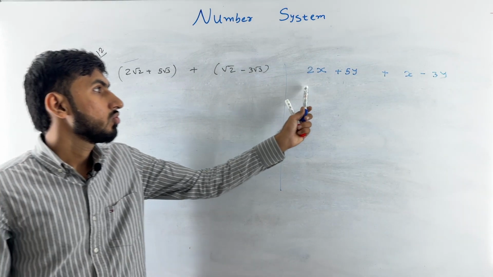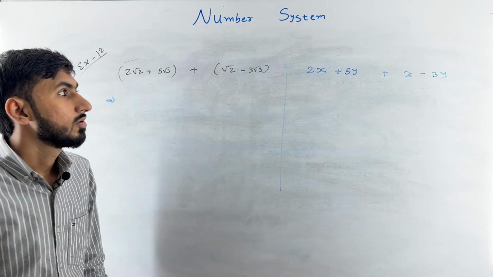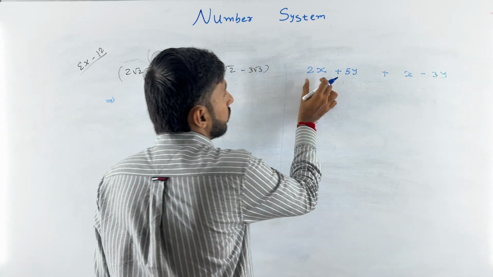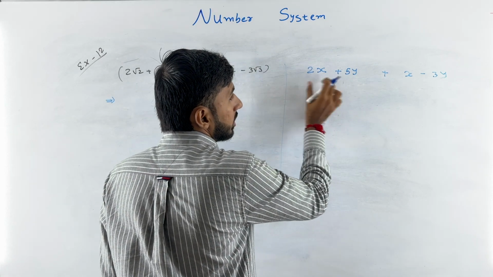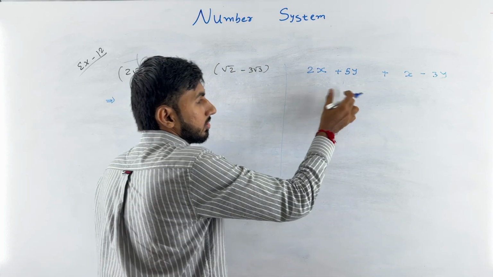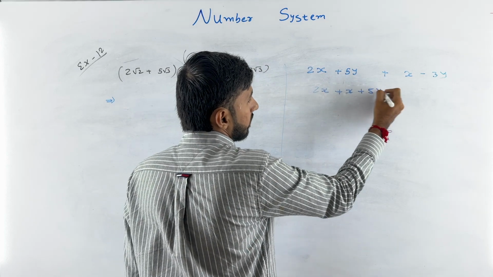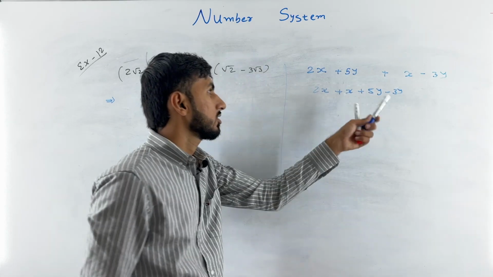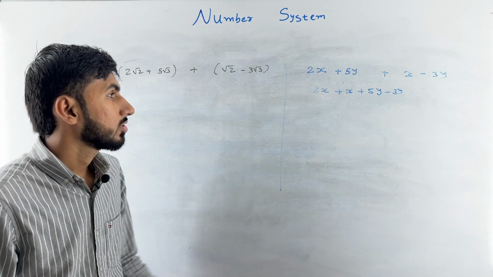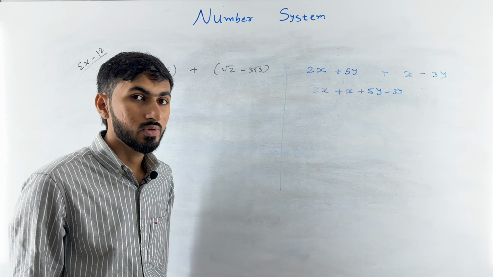You all know how to add this. For that, what will you do? First you place x, 2x plus x, then you place 5y minus 3y. You rearrange the sequence so that you can take out a common number, right?